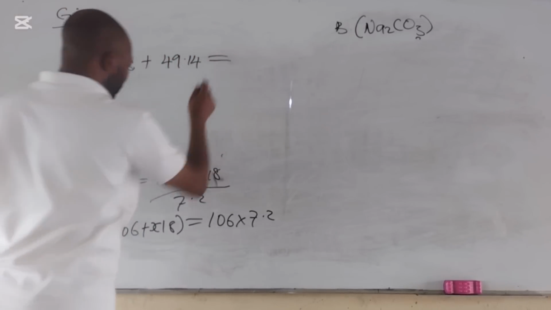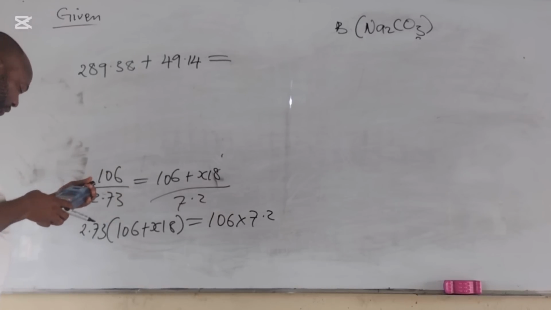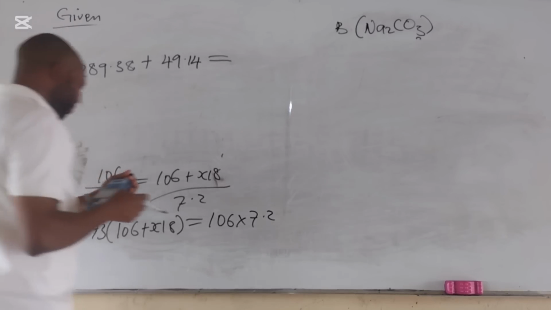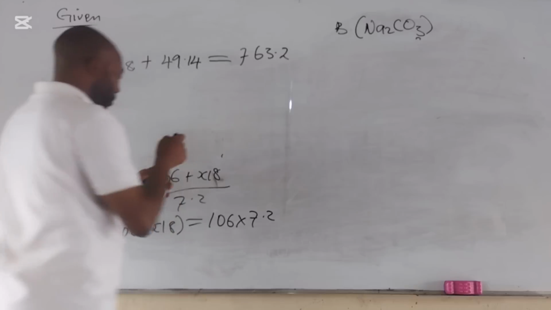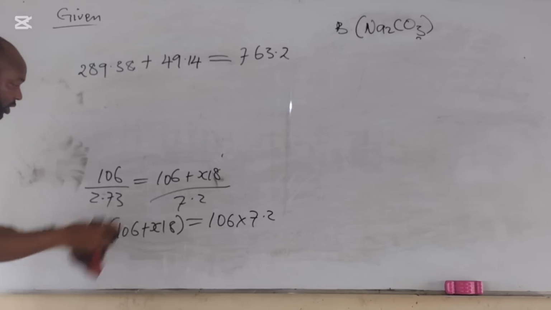This is equal to 106 times 7.2. That gives us 763.2. So, if that is true, I am just going to take this out.